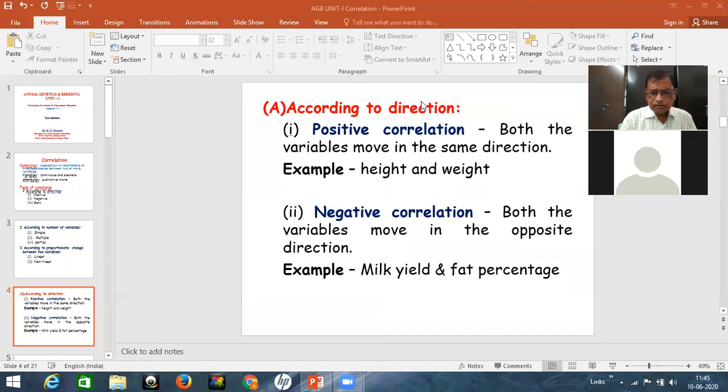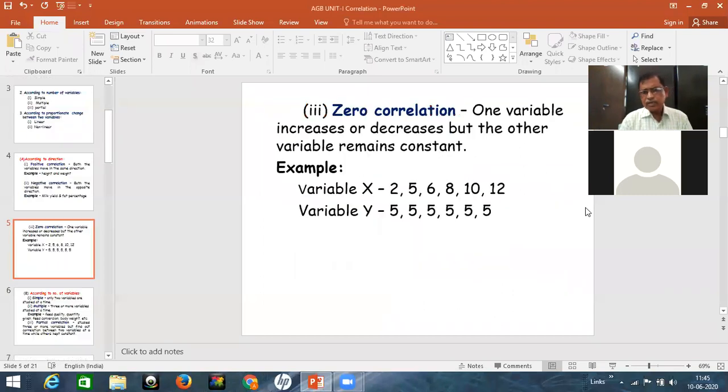Then zero correlation. In case of zero correlation, when one variable moves in either decreasing or increasing order, the other variable tends to remain constant. There will be no change in the other variable.